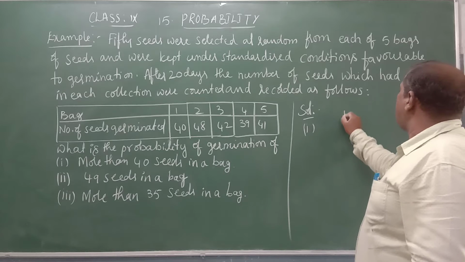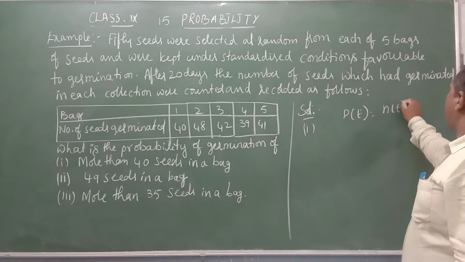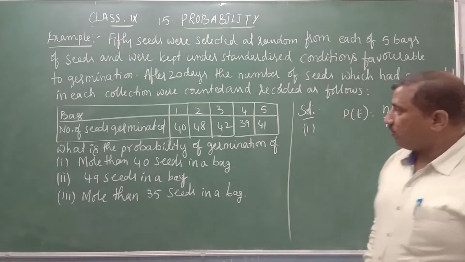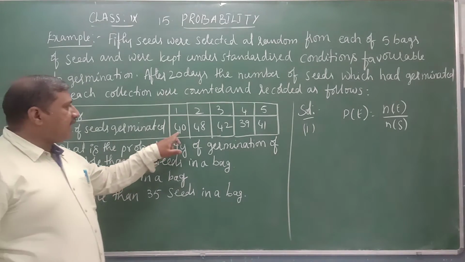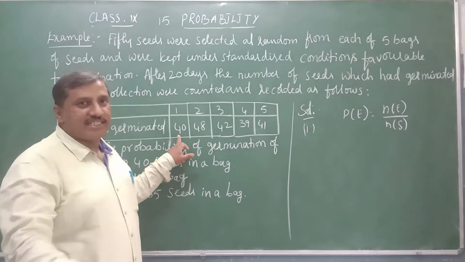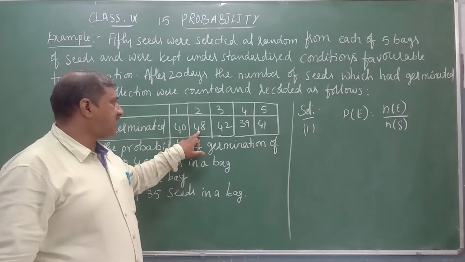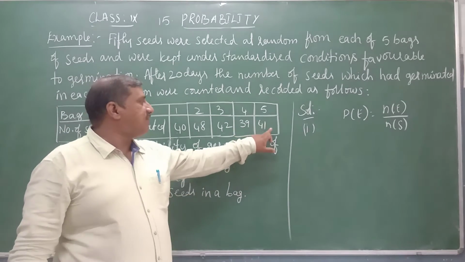First, the formula: probability P of E is equal to N of E divided by N of S. Now, the first question: more than 40 seeds in a bag. How many bags have more than 40 seeds germinated? First bag 40, second bag 48, third 42, fourth 39, fifth 41.